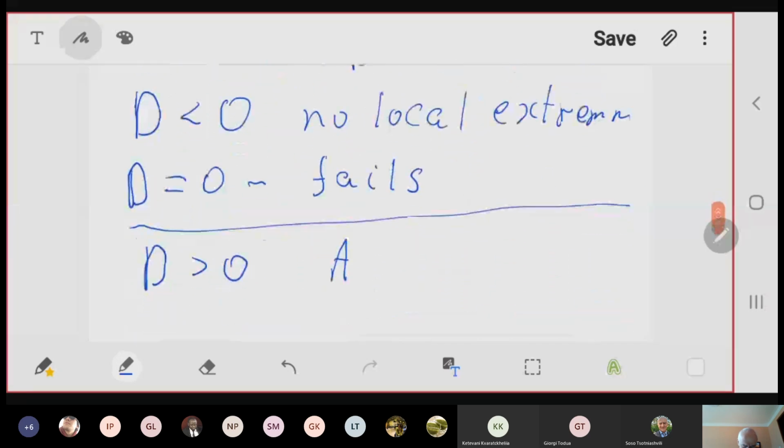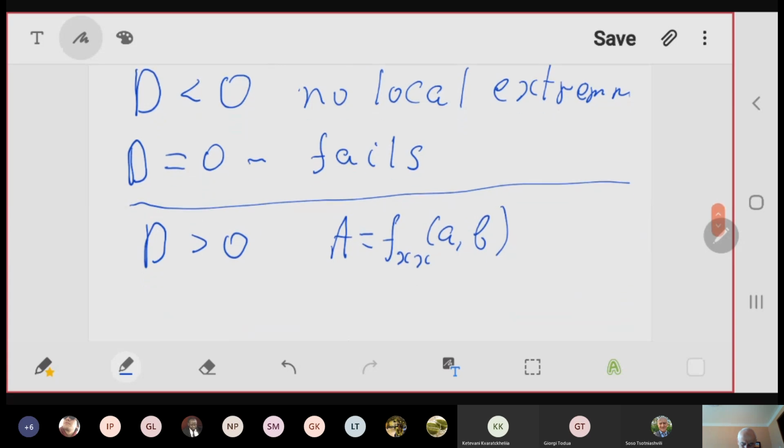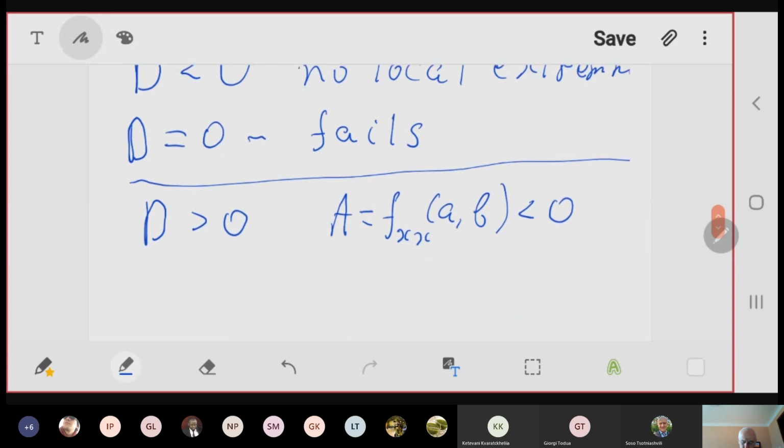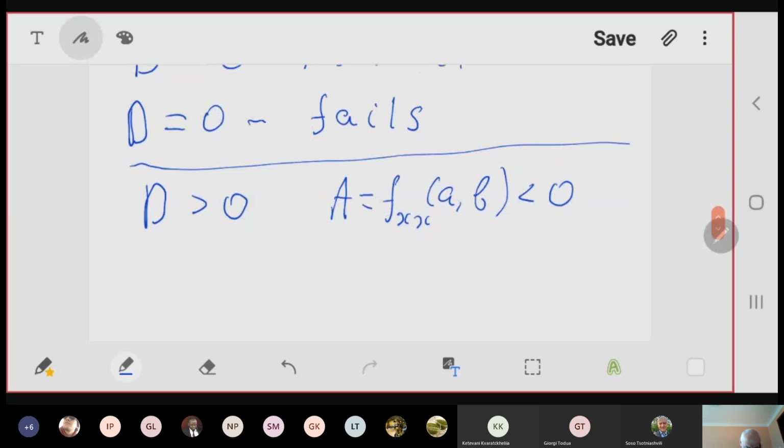So it depends on A, and let's recall also here f. If A is negative, it means f(a, b) is a local maximum.